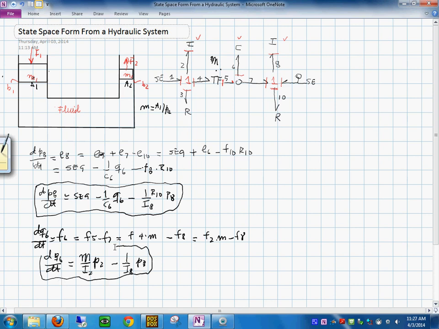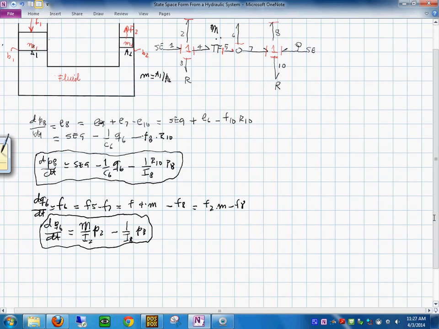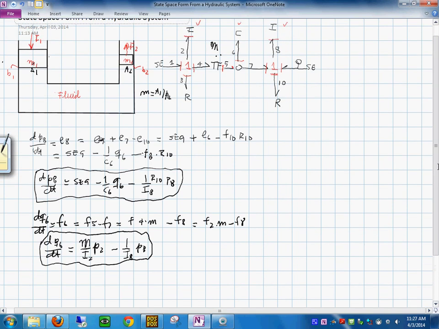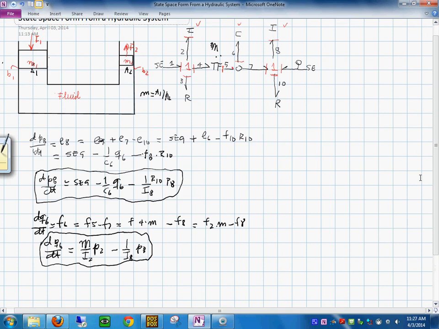We have only one more to go. The last one that we have is dP sub 2, right? So dP sub 2 dt is going to be E sub 2. But E sub 2 is equal to E1 minus E3 and minus E sub 4.